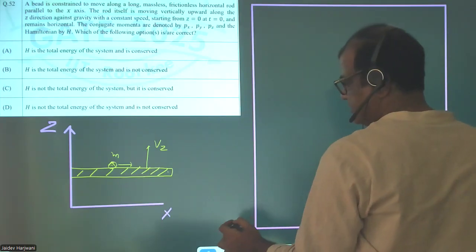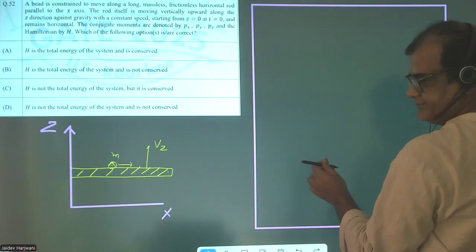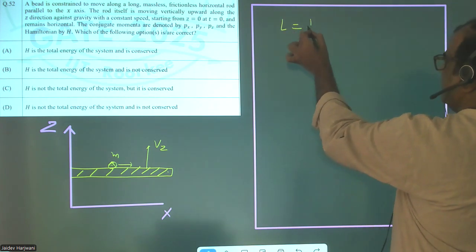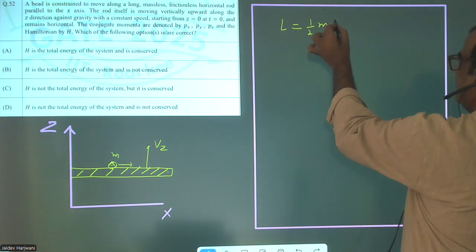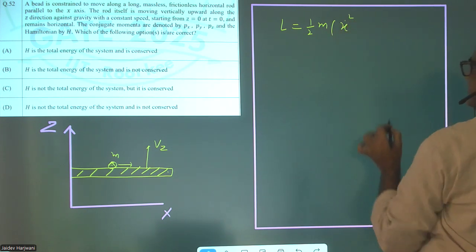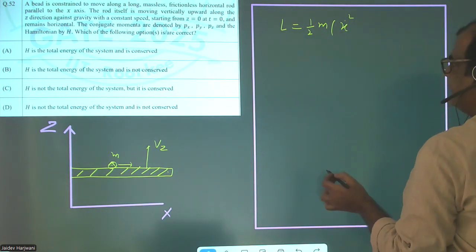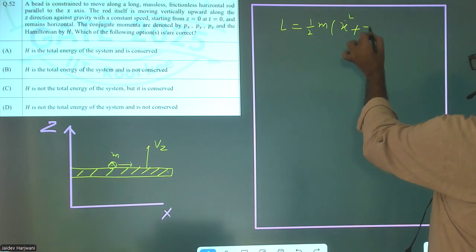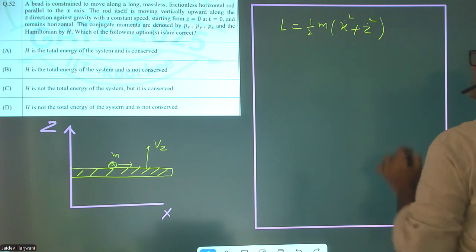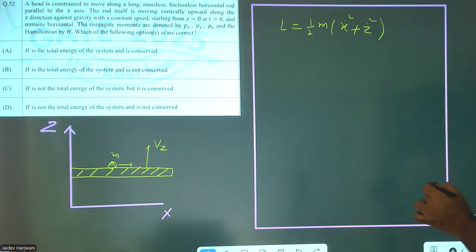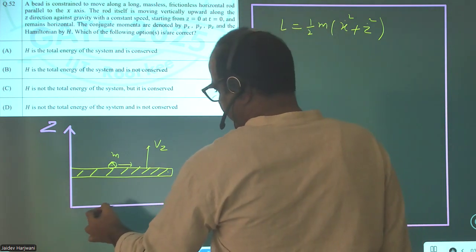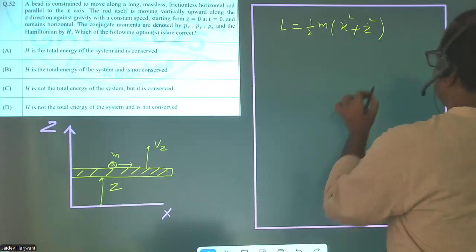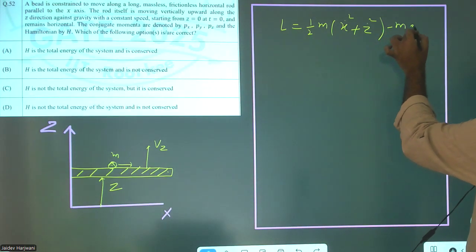So the Lagrangian L would be half m x dot square plus half m z dot square, because x is varying for the bead and z is also varying for the bead. If I take the potential as 0 here, and this distance is z, my potential will be minus mgz.